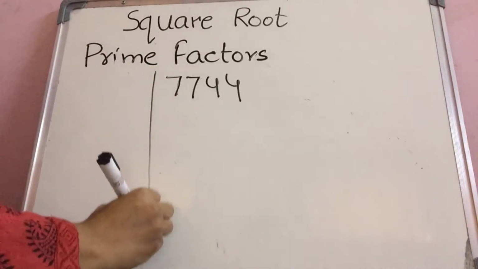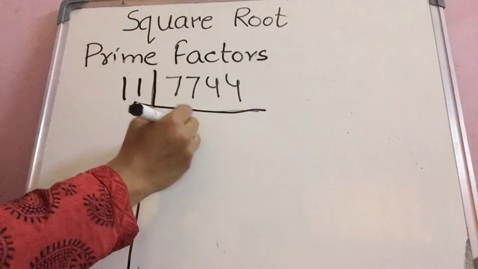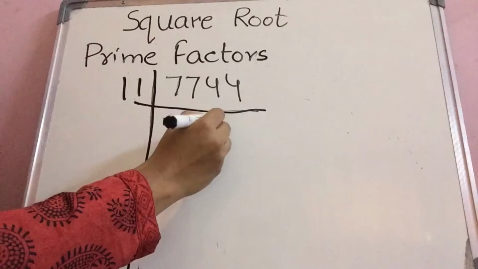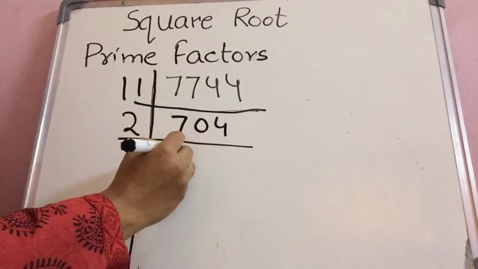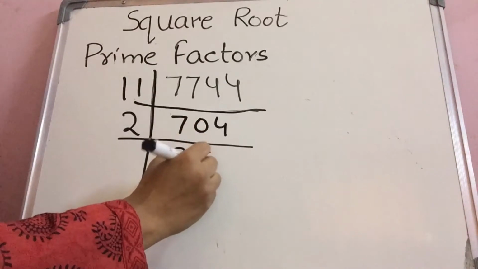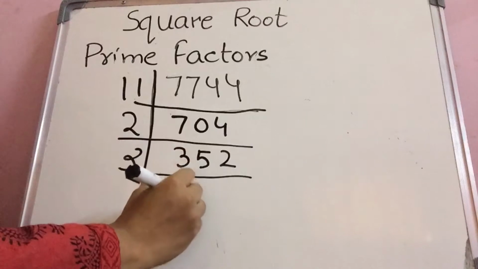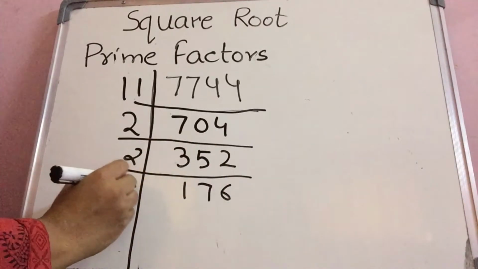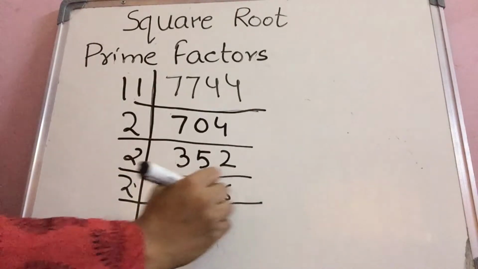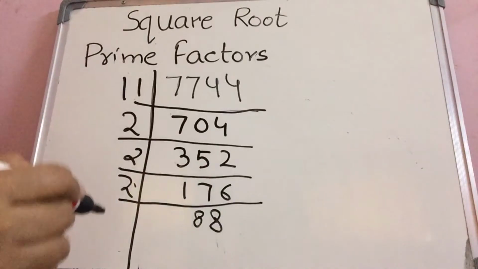So on finding prime factors of this number, take 11. 7 times 11 is 77, 0, 4, 4.